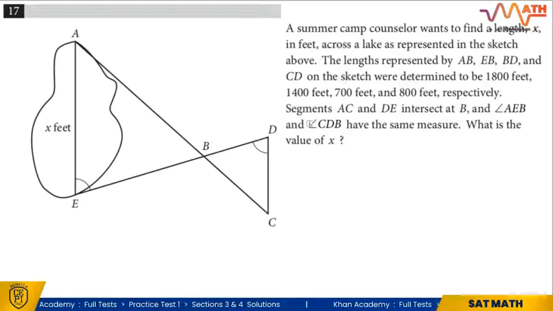The lengths represented by AB, EB, BD, and CD on the sketch were determined to be 1,800 for AB, 1,400 for EB, 700 for BD, and finally 800 for CD. Question is find x.